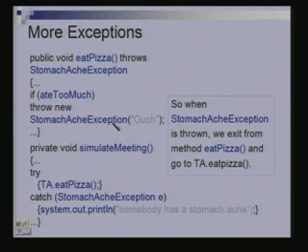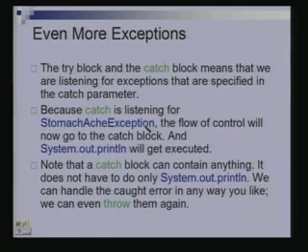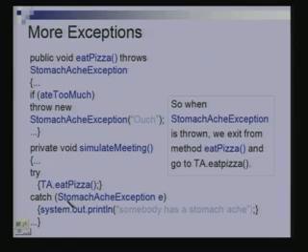So, a stomachache exception itself is a class, and I am creating an object by making this call. Isn't E the object? Yeah. So, when this is caught, this E would get assigned the object that is created by this statement.